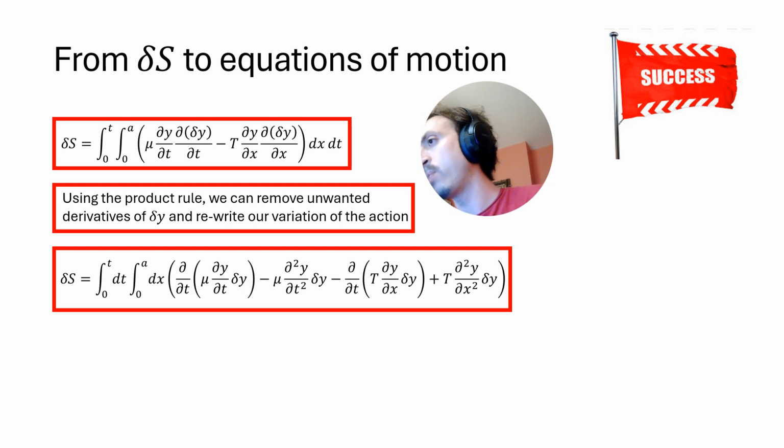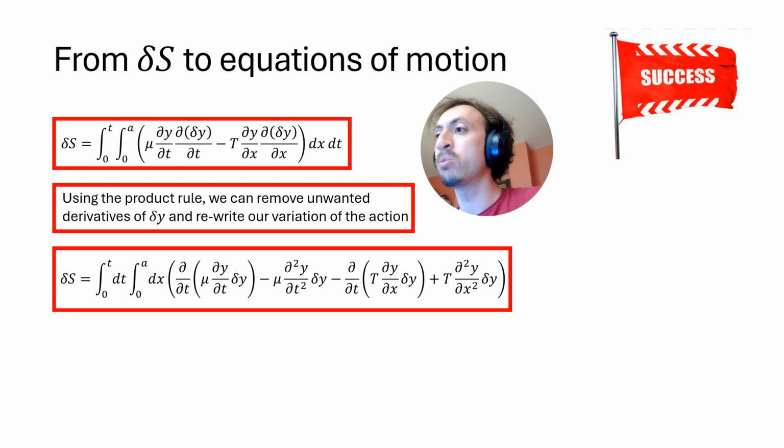And when you evaluate it, all the annoying partial derivatives in terms of time go away because you're integrating over time, leaving you with a situation where you're essentially trying to evaluate integrals over x. And that includes considering delta y when x is a and delta y when x is 0.